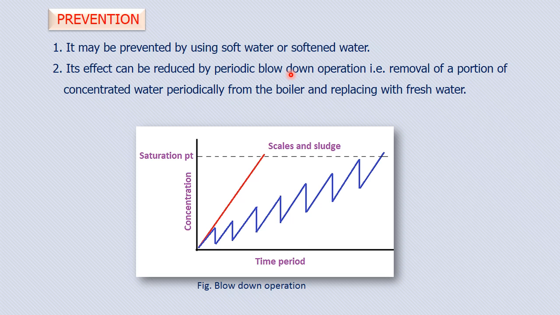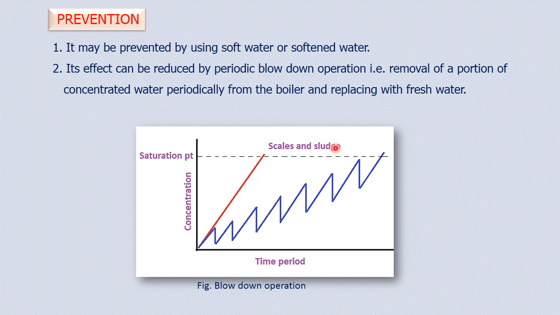A part of the water from the boiler is removed and preheated fresh water is gushed into the boiler. It means salt concentrated water is removed and preheated fresh water is inserted.